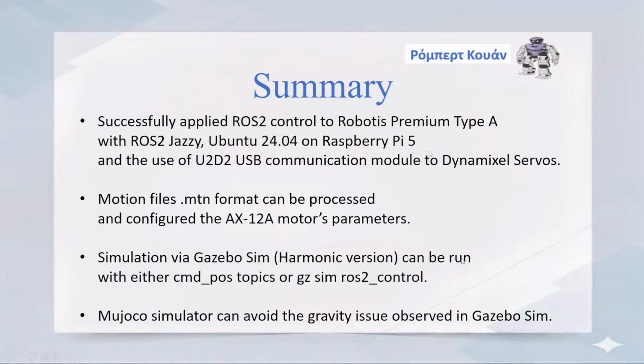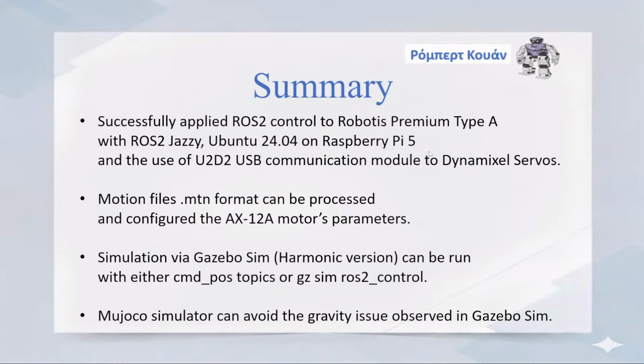Okay, to summarize, I was lucky to successfully apply ROS2 control to the Robotis Premium Type A robot, with ROS 2 Jazzy and Ubuntu 24.04 on my Raspberry Pi 5, and with the use of the U2D2 USB communication module to the Dynamixel servos.